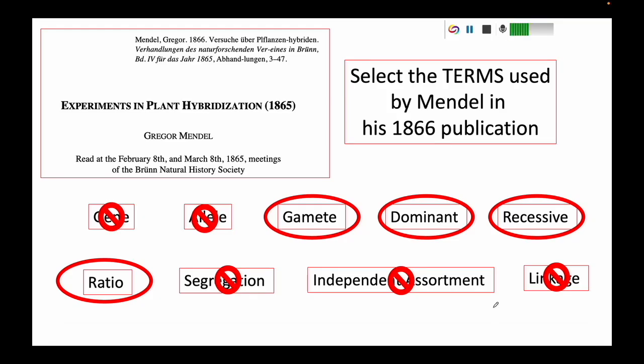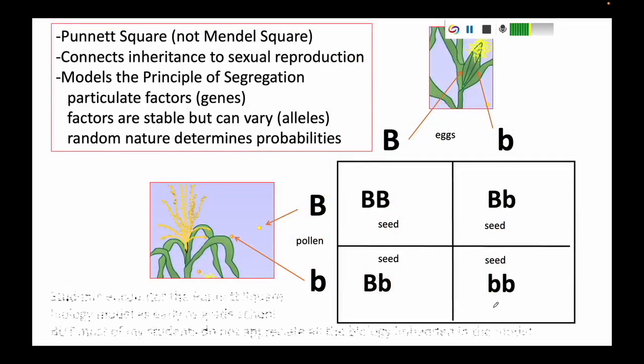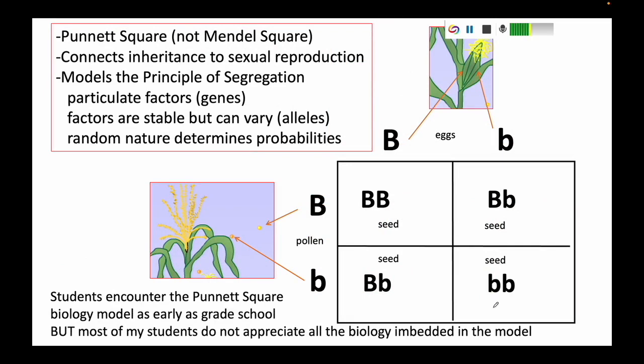All right, so I don't take the time to linger on this progression of science, that first day gathering, but we are going to use these key ideas of Mendel. There's so much biology embedded in this biological model that we call the Punnett square: the reproductive structures have the ability to make these specialized sex cells or gametes.